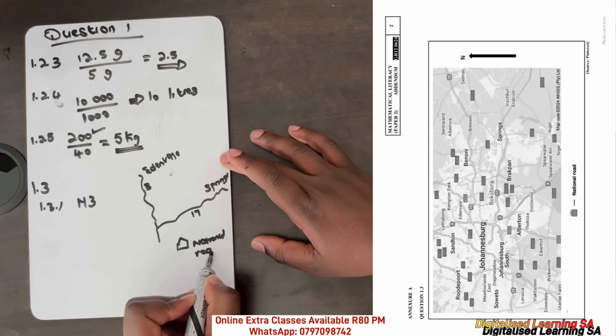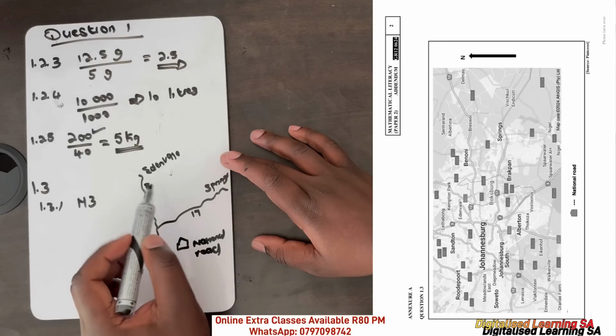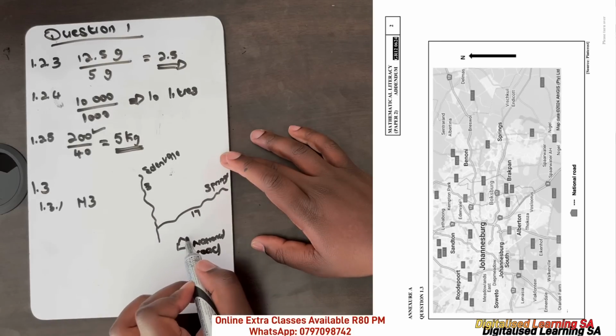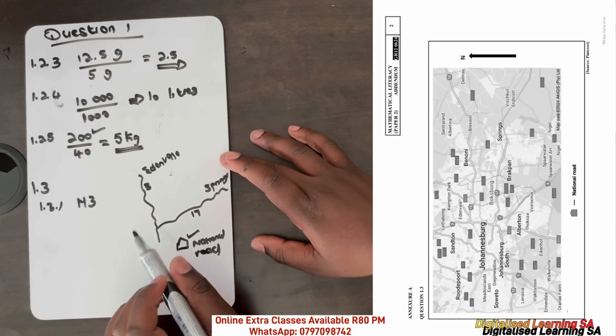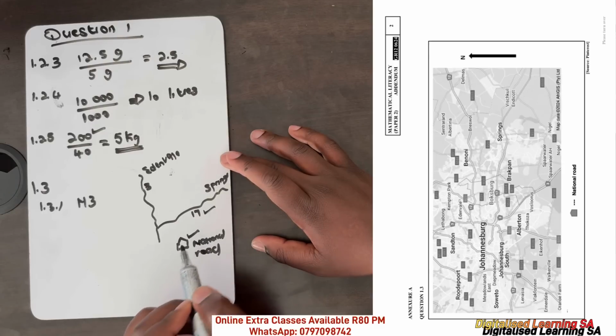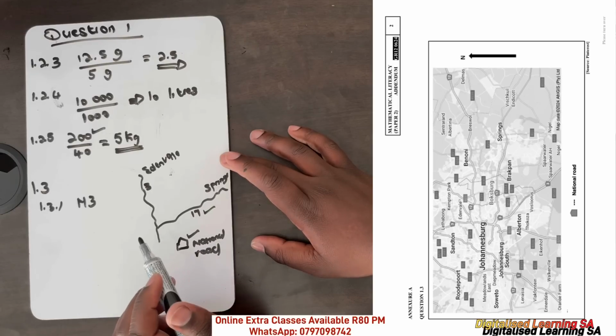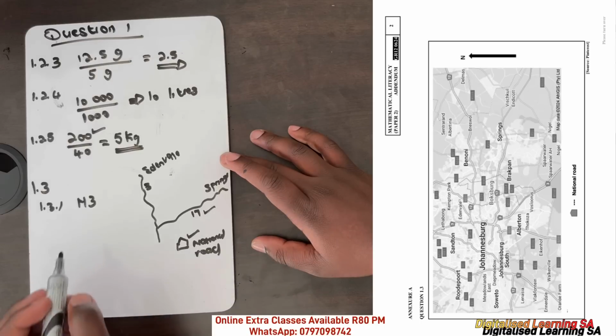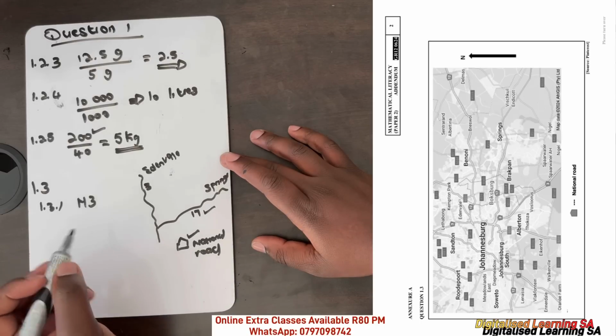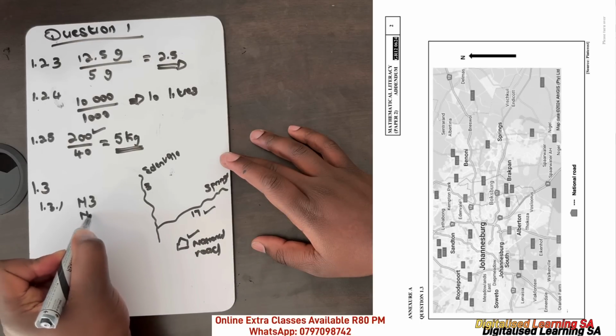The 3 is represented by this sign, meaning that it's a national road. Even 17 is shown in this sign, meaning that it is also a national road. So the national roads that she can use will be N3 and N17.